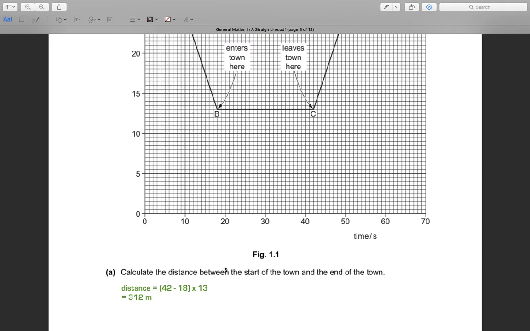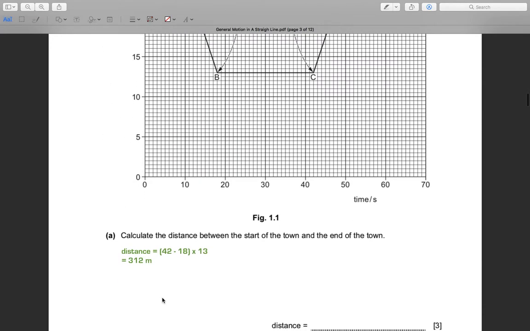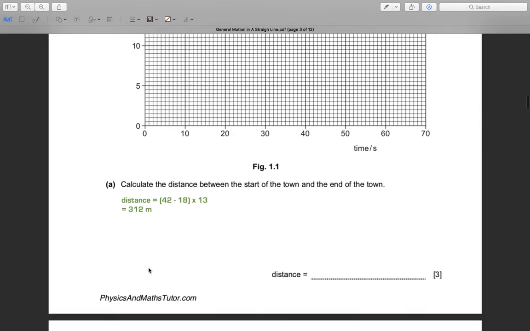The length of BC equals 42 minus 18, because this is around 42 here and 18 here, times 13, the height or velocity. So 42 minus 18 times 13 gives 312 meters. This is the distance in the town from point B to point C.